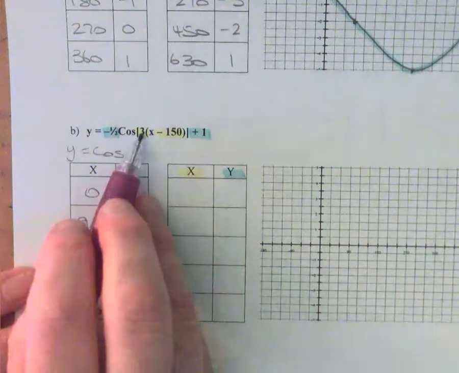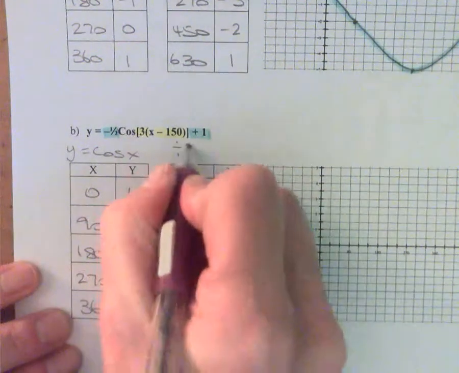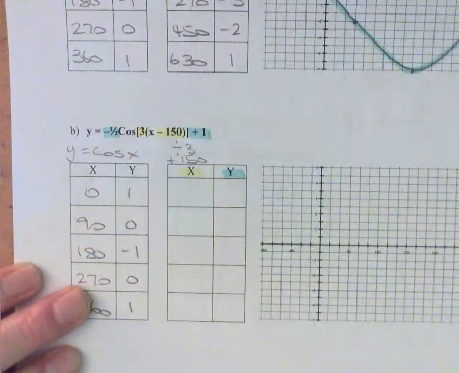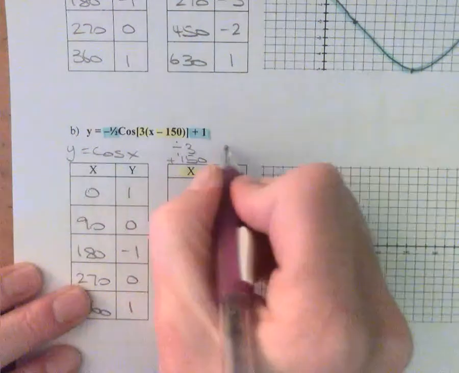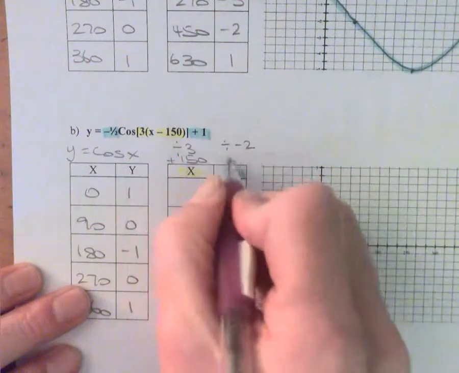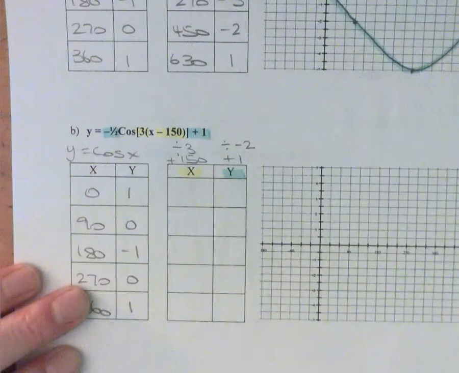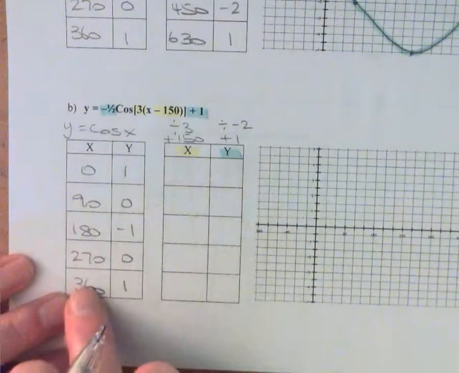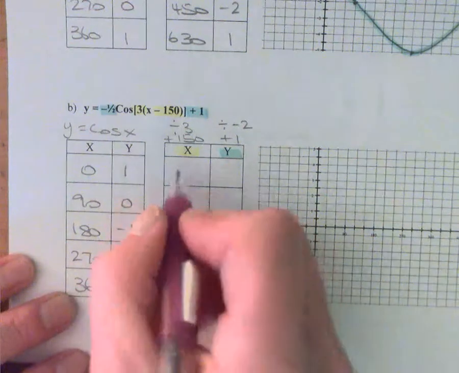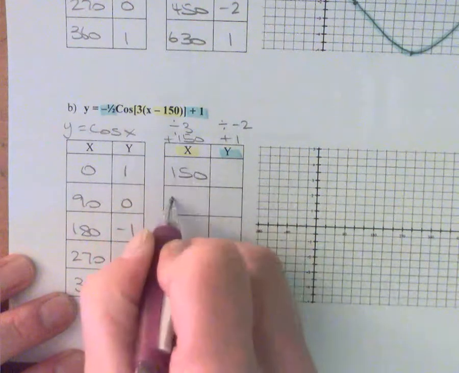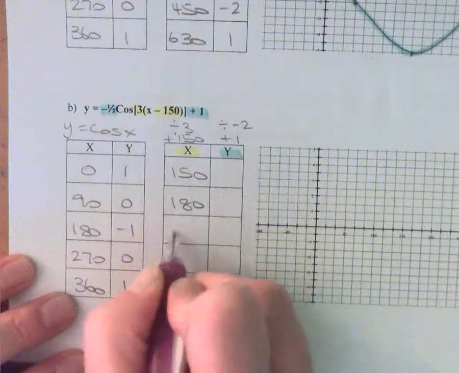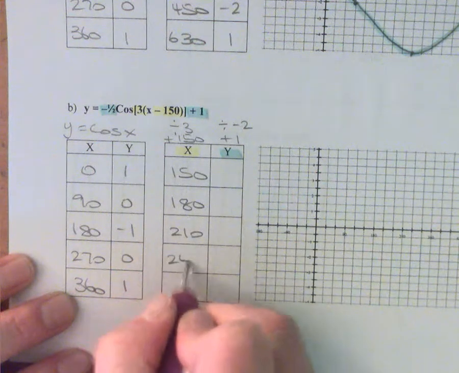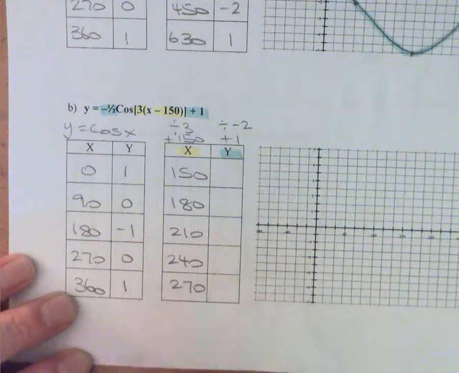So it says 3, which means I'm going to divide by 3, and I'm going to add 150. This means I'm going to divide by negative 2 and add 1. So if I divide all of these by 3 and add 150, I'm going to get 150, 180, 210, 240, and 270.